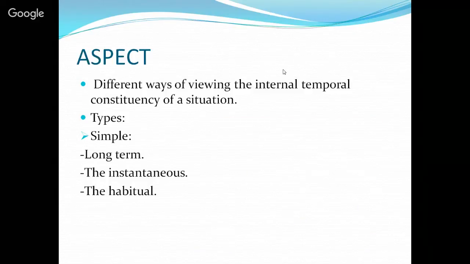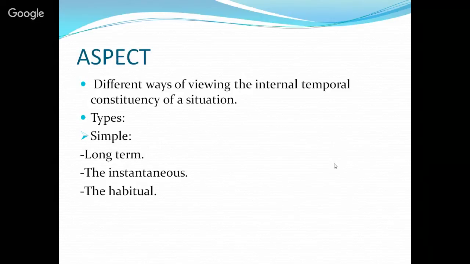Aspect. We can have different ways to understand aspects. One of these is that aspect gives us extra information about the situation or about the tense, and it means that we can have different ways of viewing the internal temporal constituency of a situation.